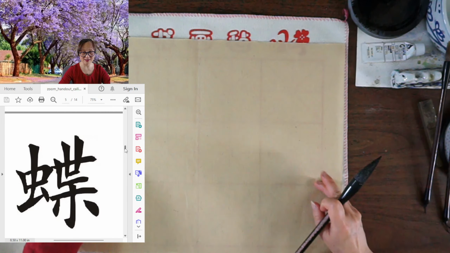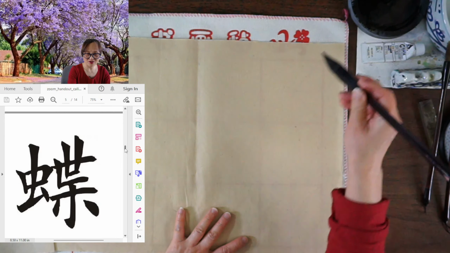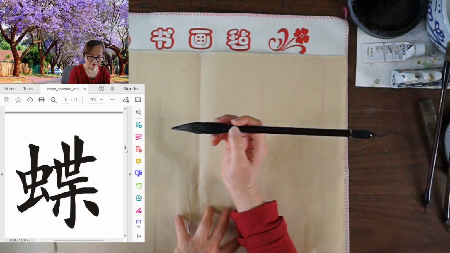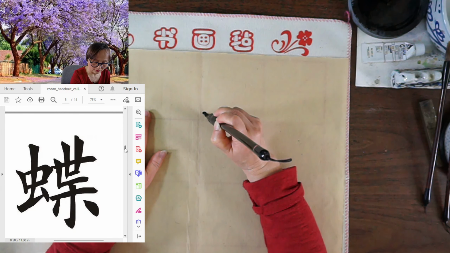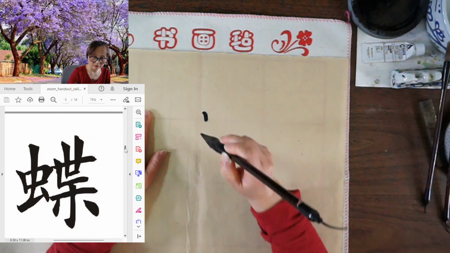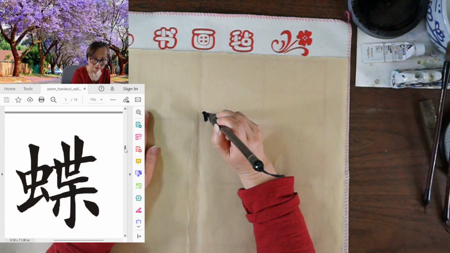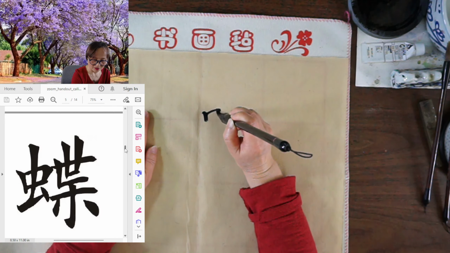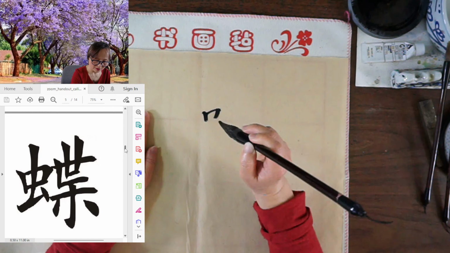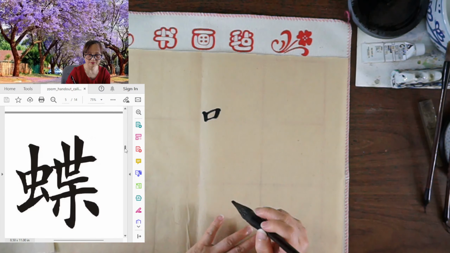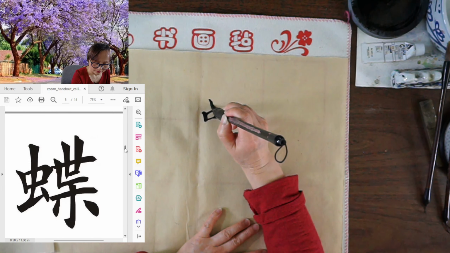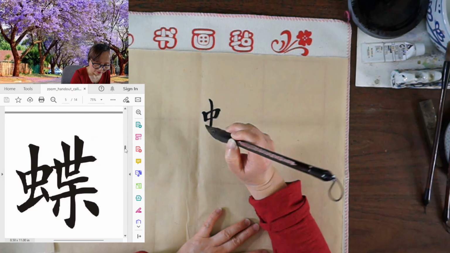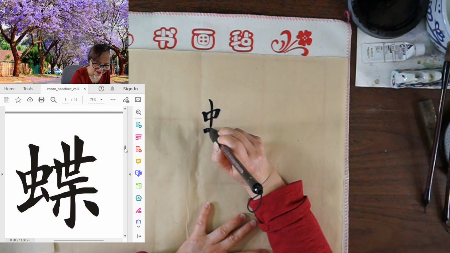Butterfly is from the insect, right? Early stage. A little bit hard, lots of strokes to write. Seal it, and make it longer. And the press and the lifting.